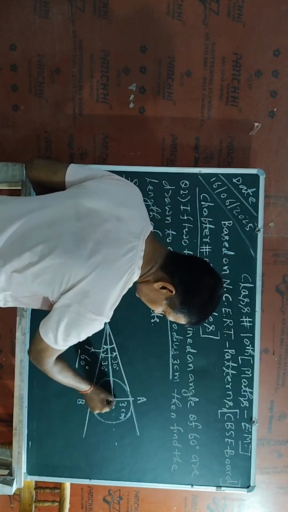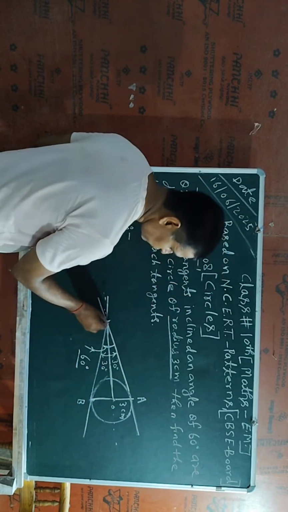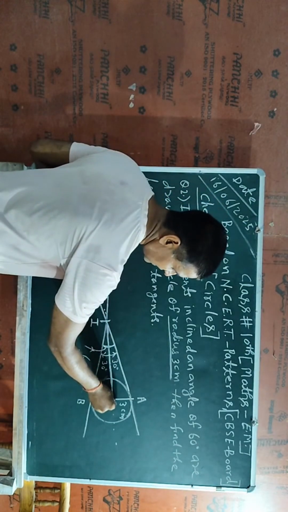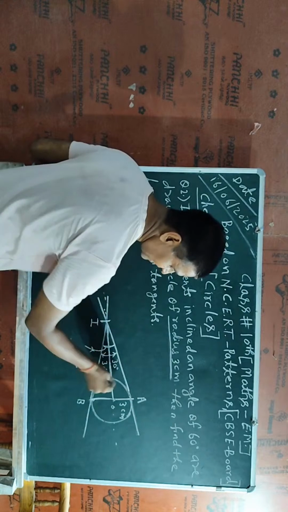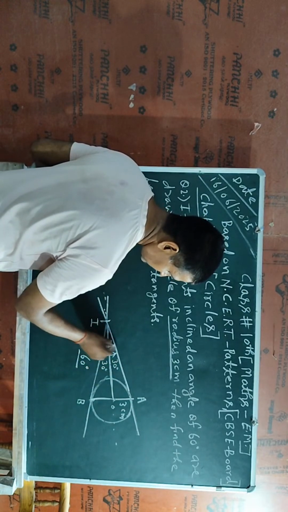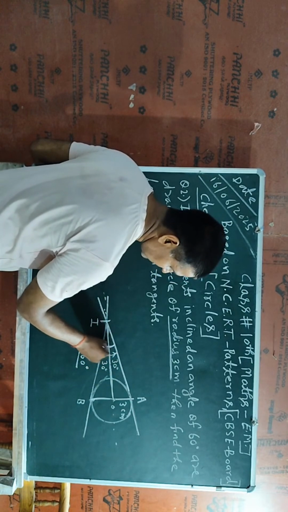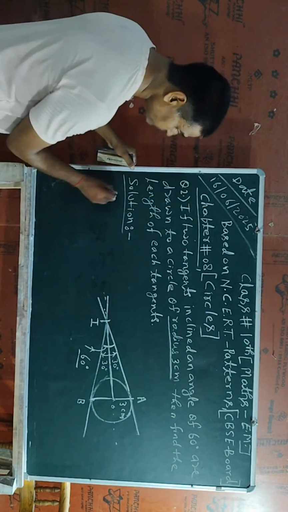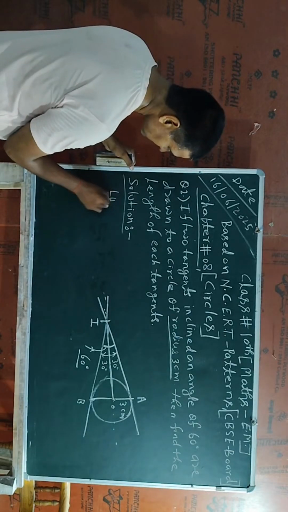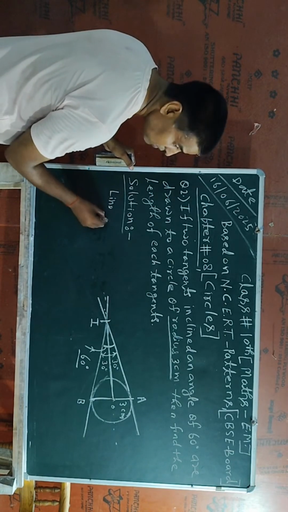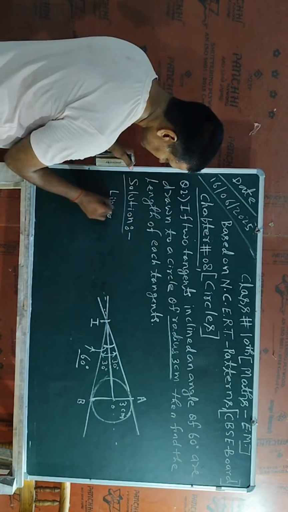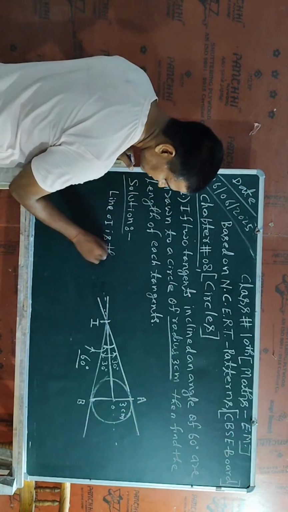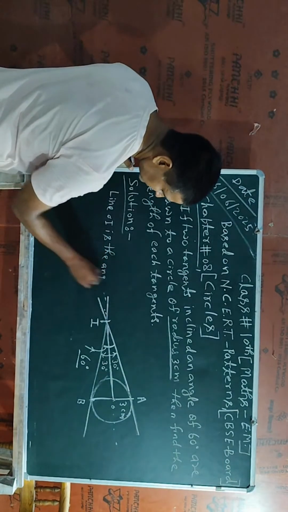Now from the center of the circle to the point of intersection of these two tangents I have drawn a line, and that line is dividing the angle. In other words, this line will be the angle bisector. Here I will say line OI is the angle bisector.